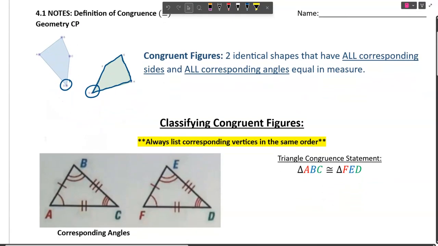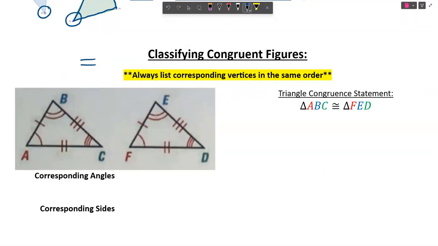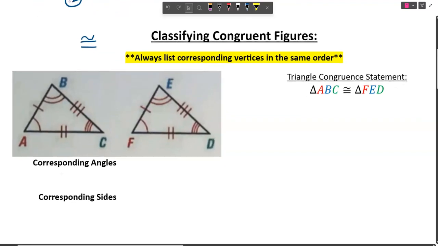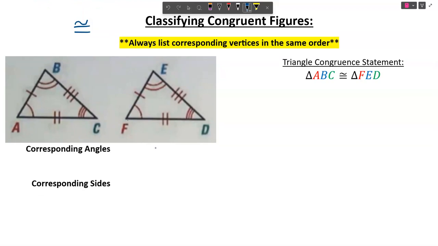So let's start with our labeling. First off, to remind you, the congruent symbol is an equal sign with what we call the tilde above it, that little squiggly sign, whatever you want to call it. That means congruent. When I talk about two shapes being congruent, for example, these two triangles here, triangle ABC and triangle FED are considered congruent.